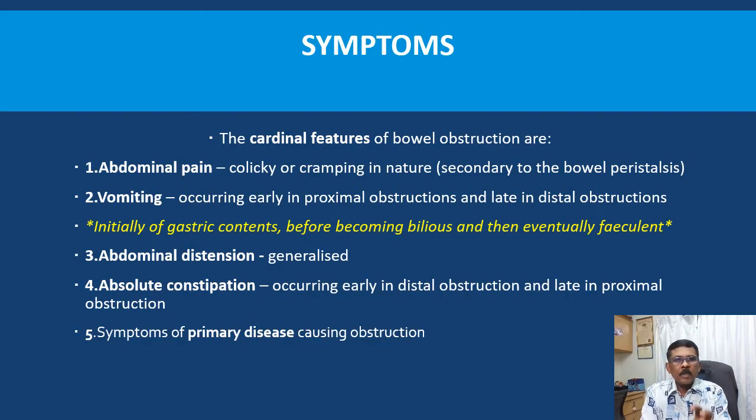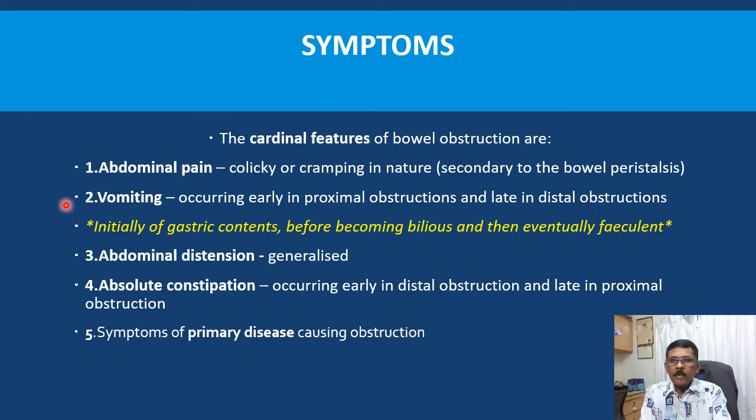Okay, now what are the symptoms of intestinal obstruction? The cardinal symptoms will be abdominal pain, most important. This pain is colicky and cramping in nature, which is secondary to the active bowel peristalsis against an obstructing lesion.